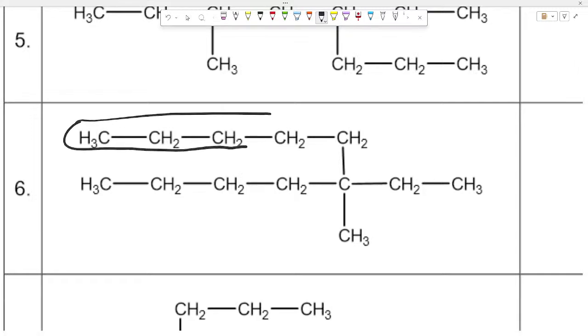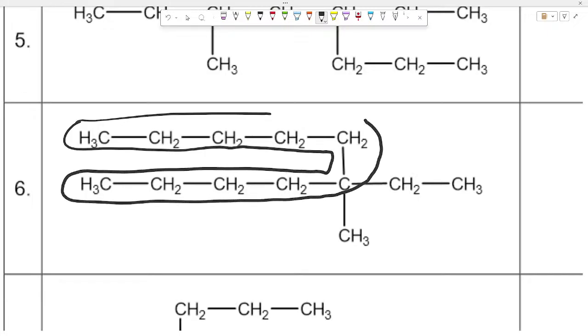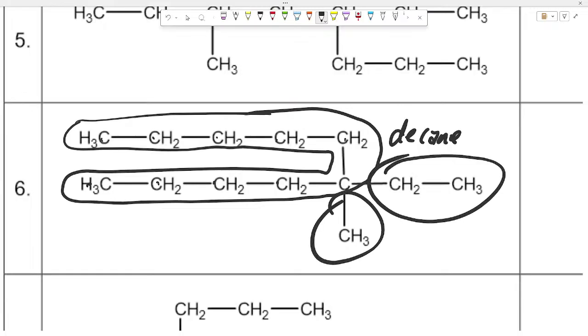Start there, and then is there any reason that can't be a chain? And how long is that? 1, 2, 3, 4, 5, 6, 7, 8, 9, 10. And so it's a decane, right? And then that would be a group. So just be mindful, the chain doesn't have to be straight. It doesn't have to make a straight line.